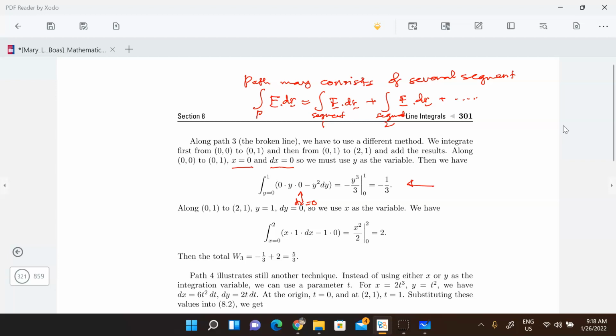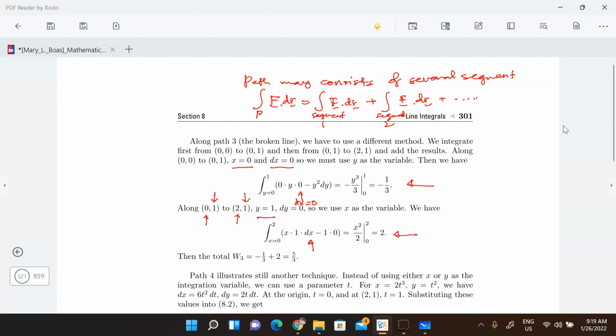The horizontal one is given by y equals 1, and then your x varies from 0 to 2. Because y equals 1 is a constant, dy equals 0, so the only term that you're going to get is coming from dx. Again, the integration is simple enough, and then you get the answer for that segment.